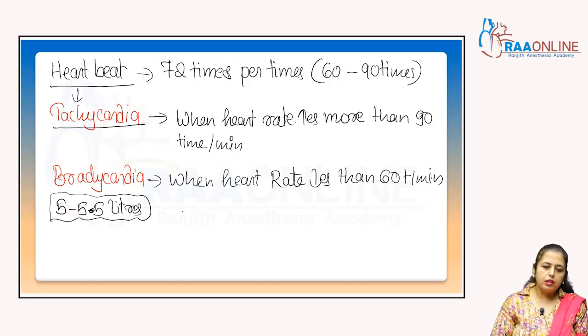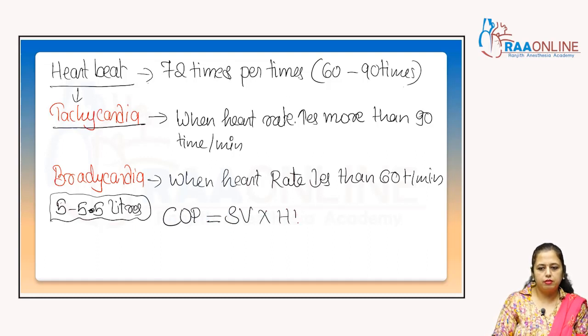Clear? Same as that, there is a formula to calculate the cardiac output. COP, cardiac output, is stroke volume times heartbeat per minute, right? Stroke volume is the amount of blood pumped by each ventricle, and its range is 70 to 80 ml.